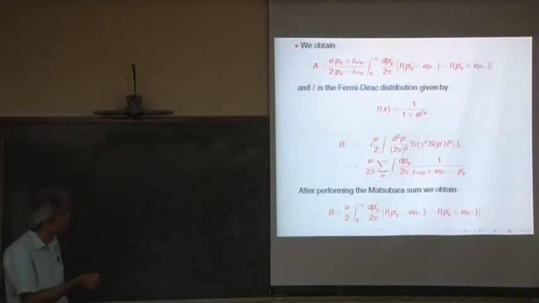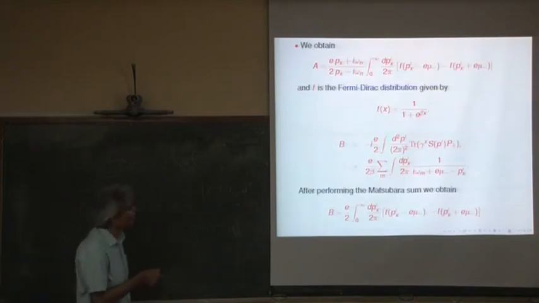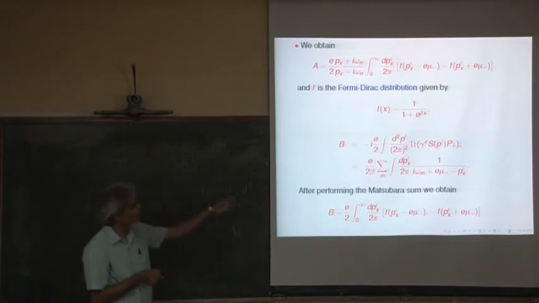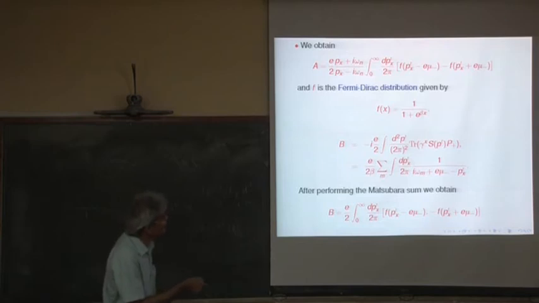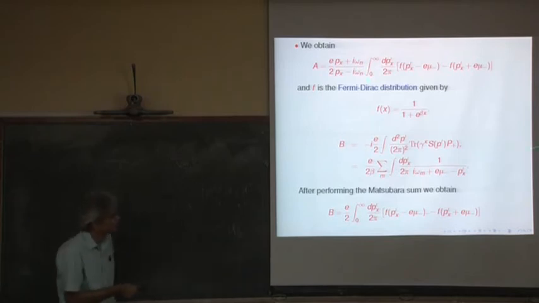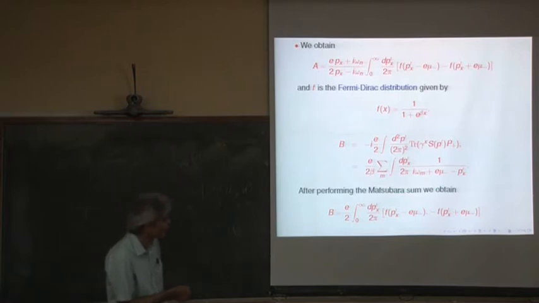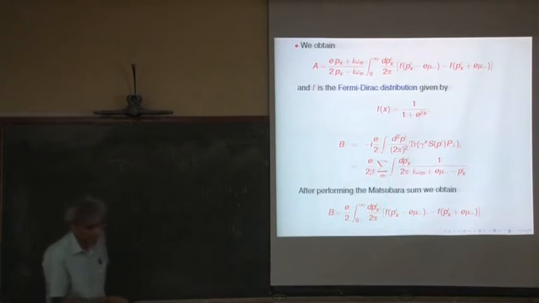What is interesting after all that is that it actually just reduces to a moment of the Fermi-Dirac distribution. So A is just a moment of this F, the Fermi-Dirac distribution, and B is also finally a moment of the Fermi-Dirac. In fact, they contribute equally in the zero momentum limit.